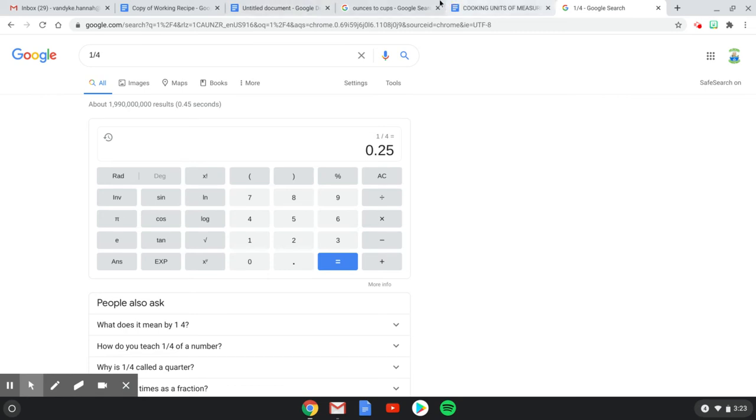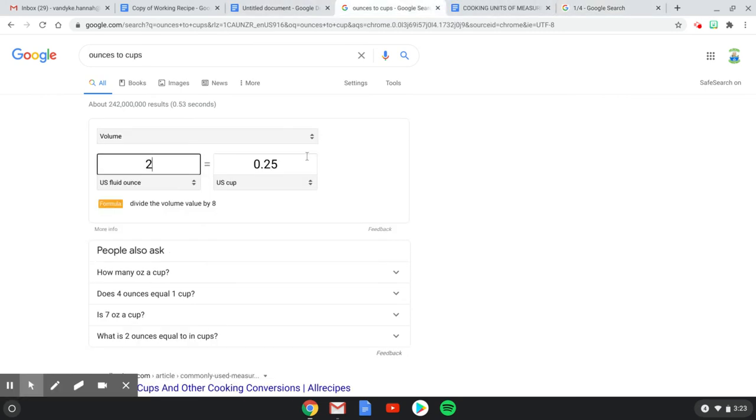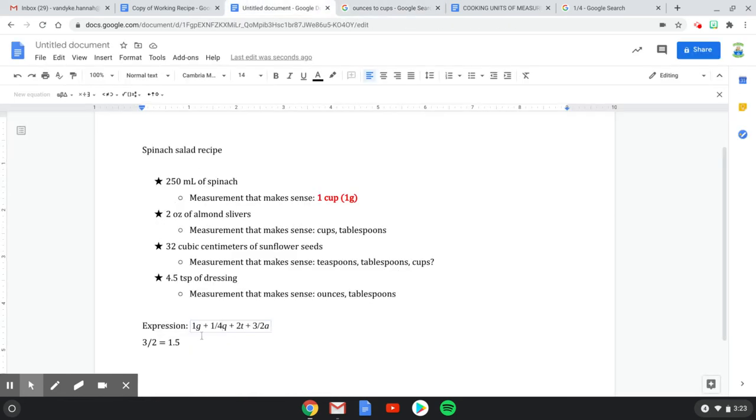Hold on. When I converted ounces to cups, I also got 0.25. So that's another one that I'm going to add down here. 1 divided by 4 equals 0.25. So I don't even need to check out my tablespoons because my cups worked out. It was 1/4 cup. And then in my expression, that is 1/4 q.